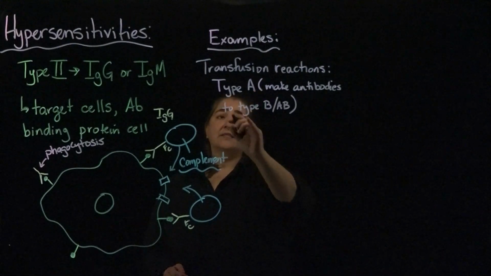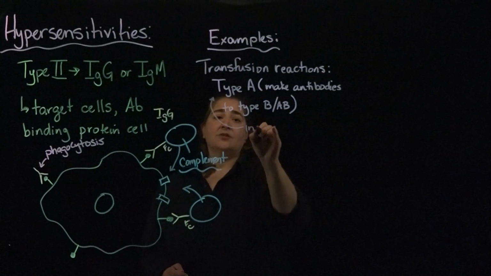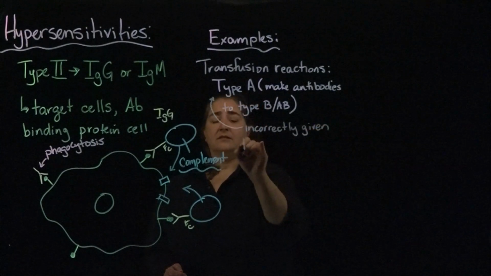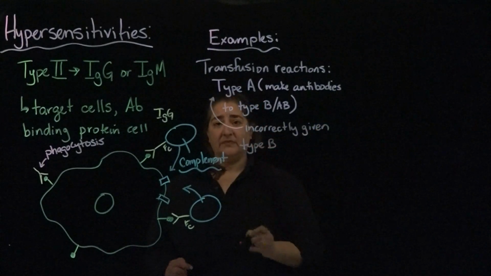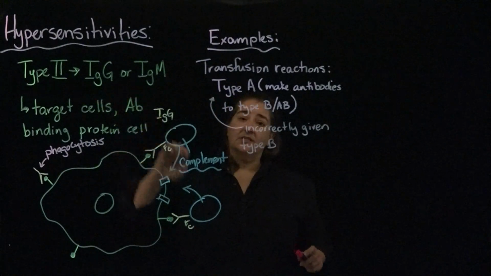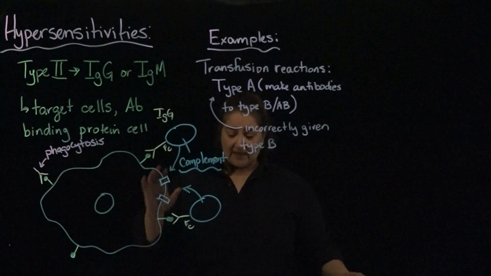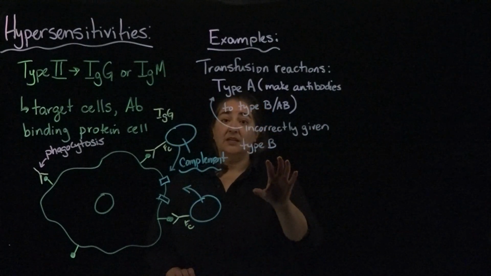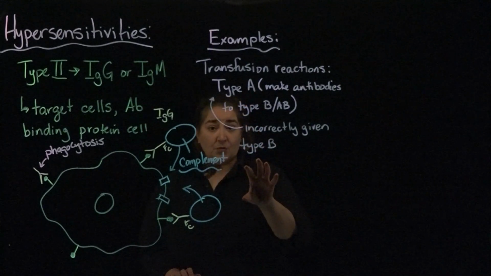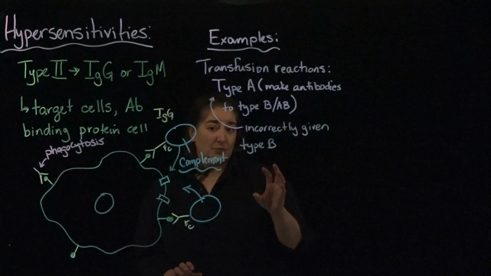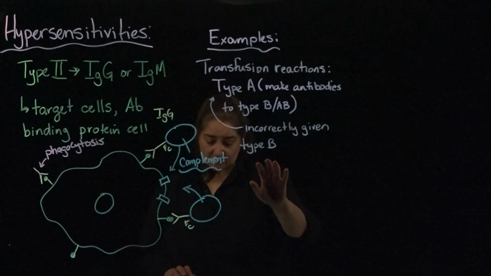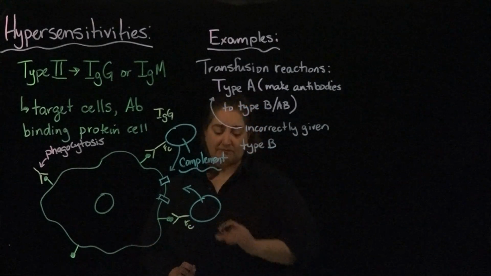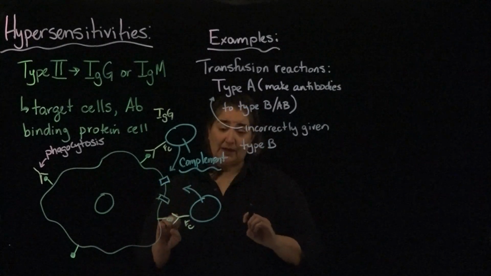If somebody who has type A blood is incorrectly given type B blood, that's going to trigger this type 2 hypersensitivity, and the body's going to destroy those red blood cells that were transfused in, because the individual's body recognizes those red blood cells as being foreign. There's something on the outside of the cell that isn't recognized as self.